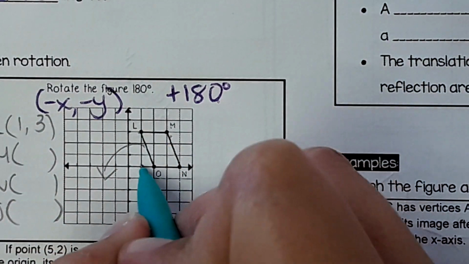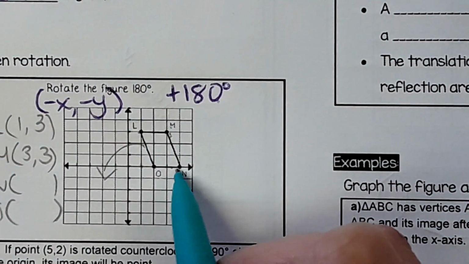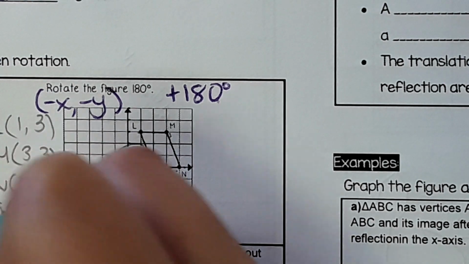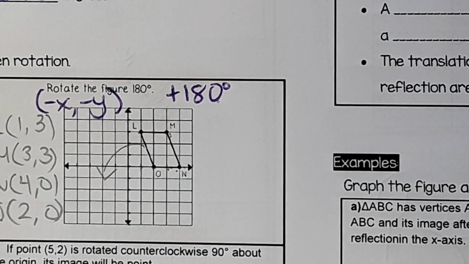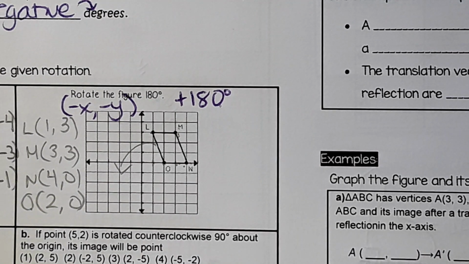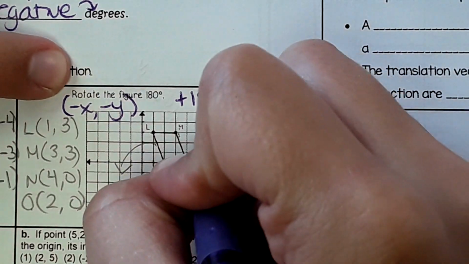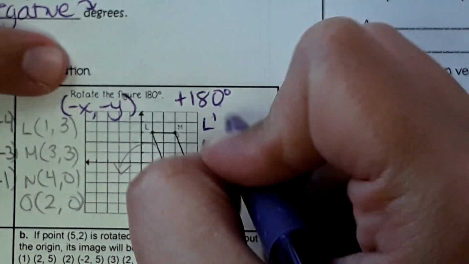I'm just pulling them off the graph. And then for the rule, it's -x, -y, so I'm just going to change these to the opposite sign. So I got L prime, M prime, N prime, and O prime.